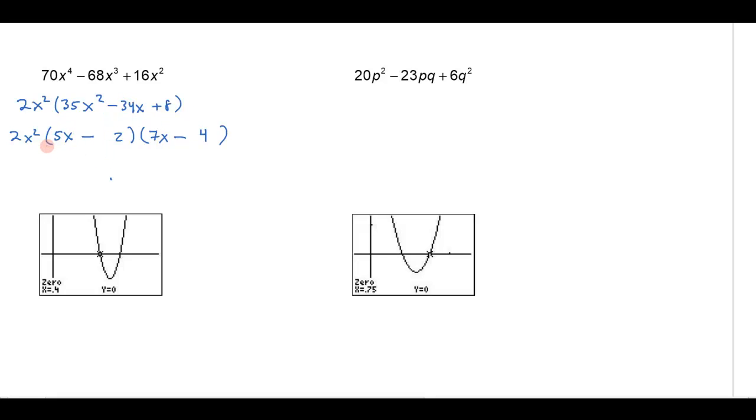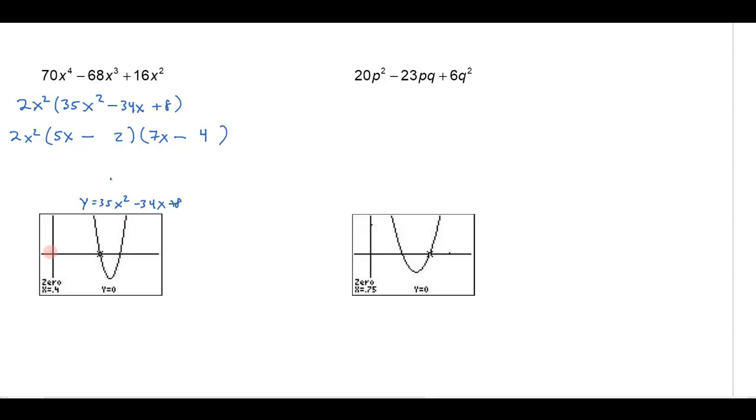Okay, so notice also, if I can sort of check this down here, this is the graph. This right here is the graph of y equals 35x squared minus 34x plus 8. And you'd have to zoom in on the calculator.